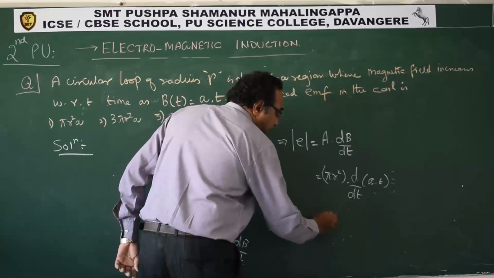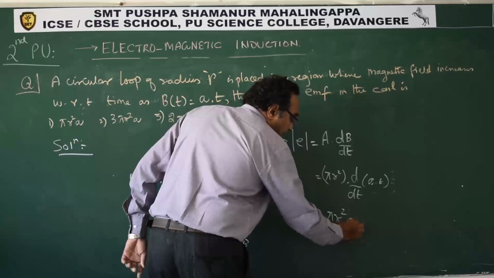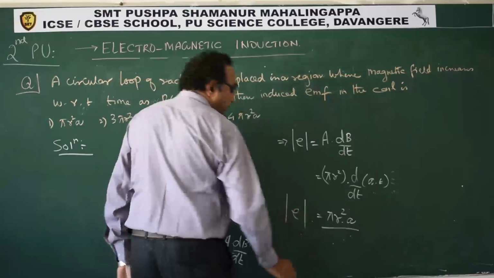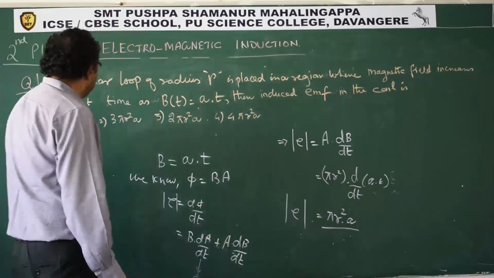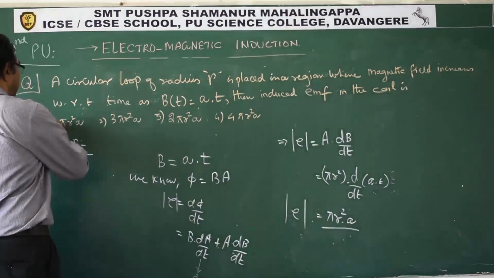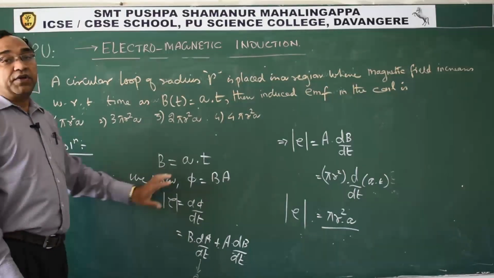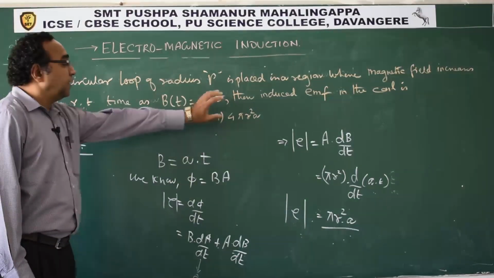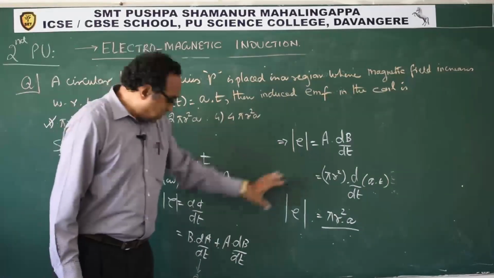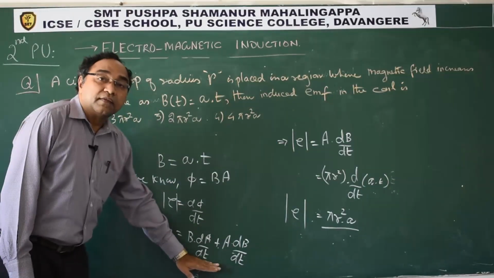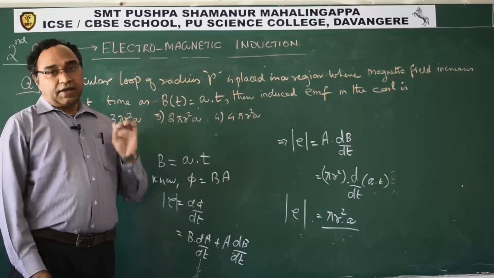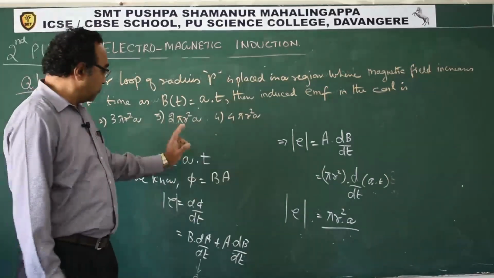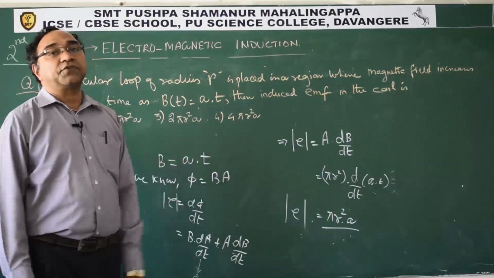So you will get this as pi r square A. This is the magnitude of induced EMF. So the answer here is the first choice. See how we can use the concept of induced EMF as well as the aspect that area is constant. We can use this formula to evaluate such numericals.